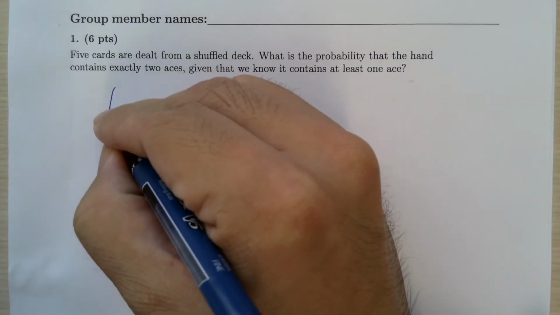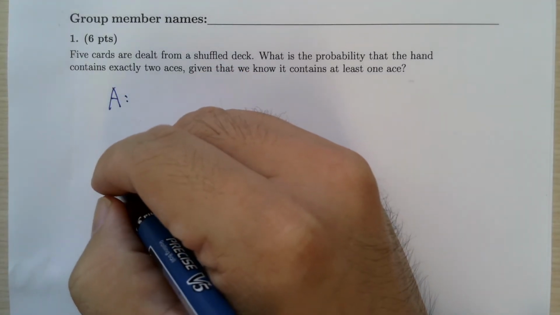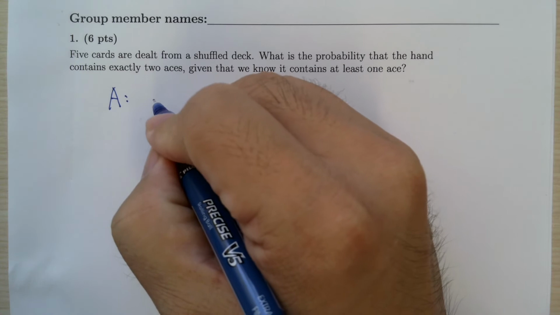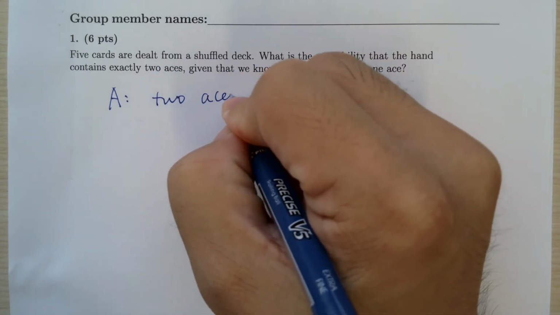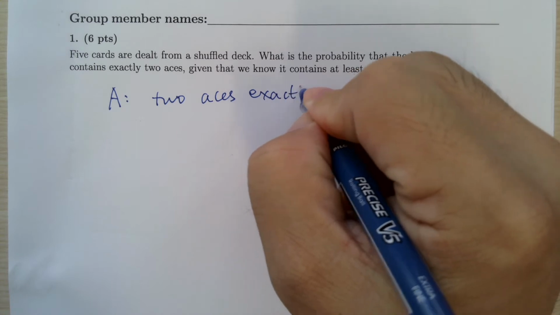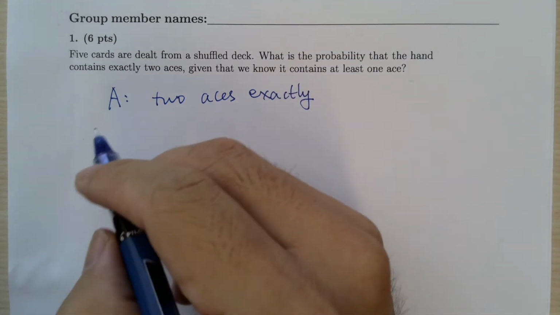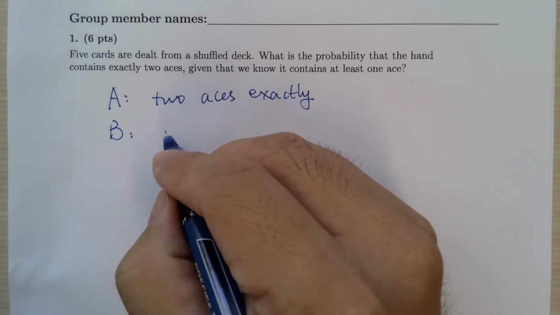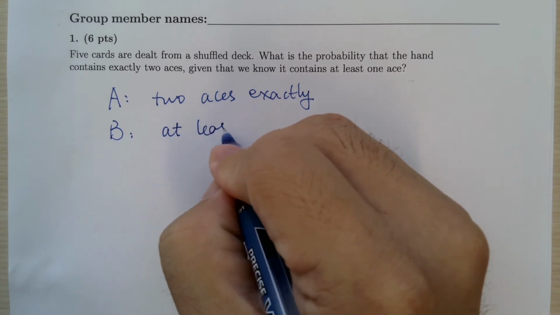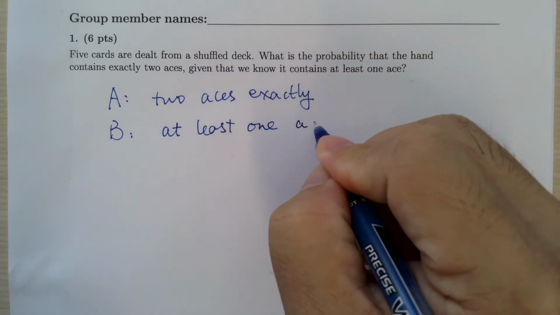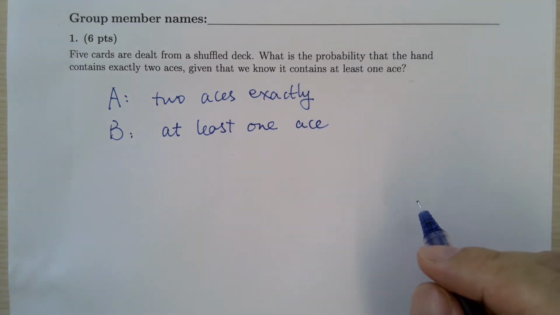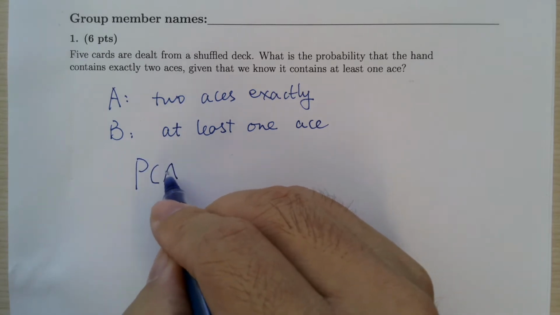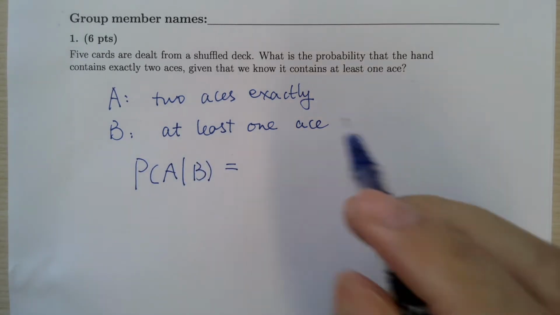So if we set event A as the hand is going to have exactly 2 aces, okay, that's event A. Event B is that this hand contains at least 1 ace. So the problem, do you see that? It becomes into this, right?